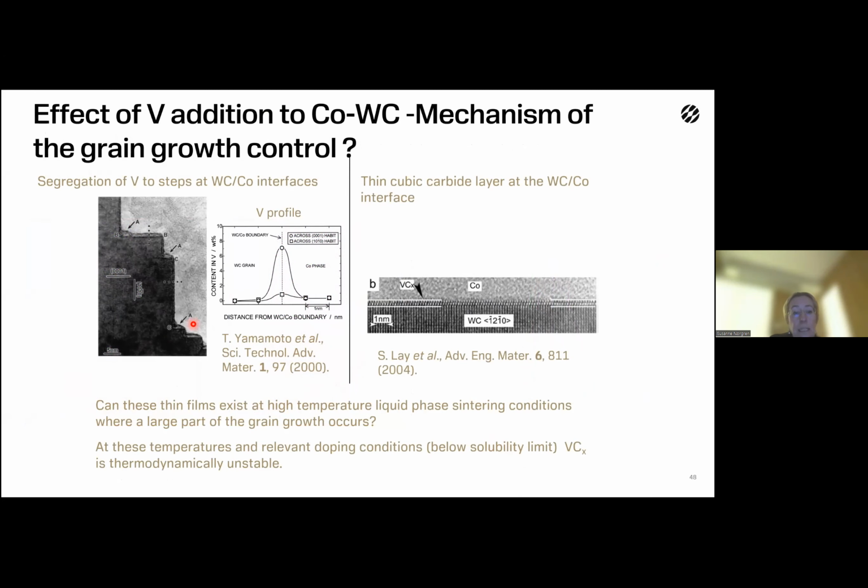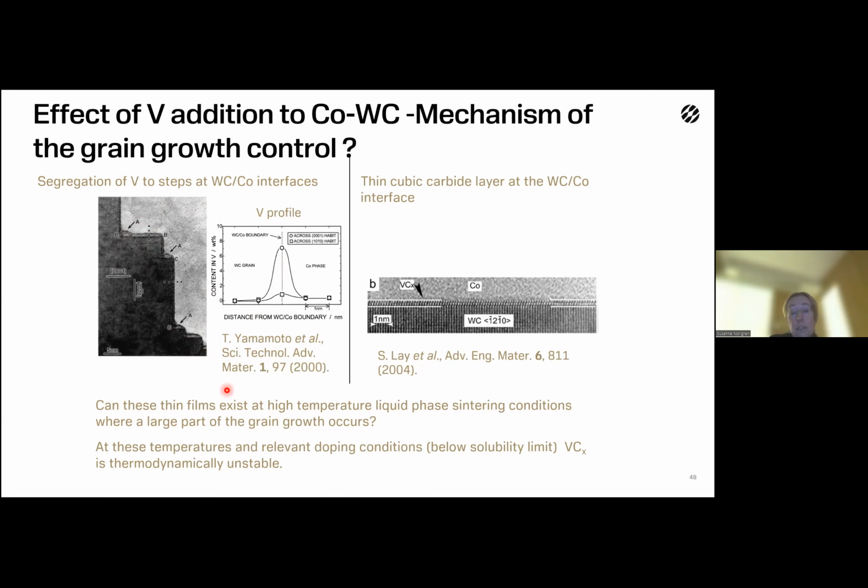Later on, many studies observed this also with vanadium, but in the case of vanadium, it's instead a layer of cubic vanadium carbide. And the difference between chromium and vanadium is that the vanadium carbide is thermodynamically more stable than the chromium carbide. And this was observed first by Yamamoto in Japan.